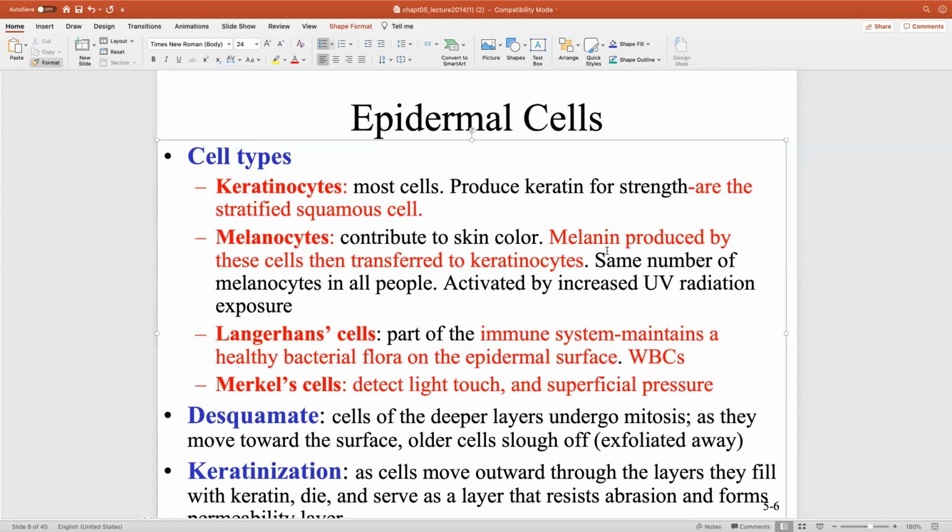Now, melanocytes, pretty cool, right? Melanocytes produce melanin in response to activated ultraviolet light. Now, what we're going to see is this. There's a reason why people that are living close to the equator all have very similar skin color, all have very similar hair types. What do I mean?